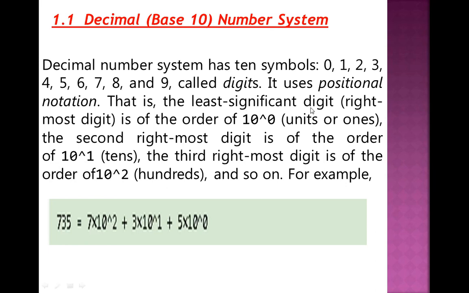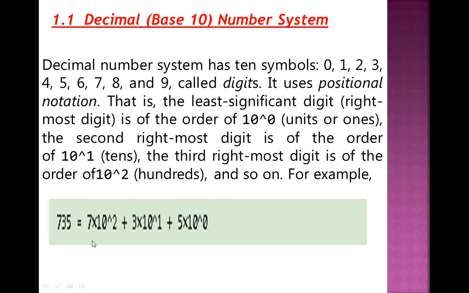The least significant digit, the rightmost digit, is of the order of 10 power 0, then the next one is 10 power 1, then 10 power 2, and so on. The second rightmost digit is of the order of 10 power 1, that is tens. The third rightmost digit is 10 power 2, that is hundreds, and so on.